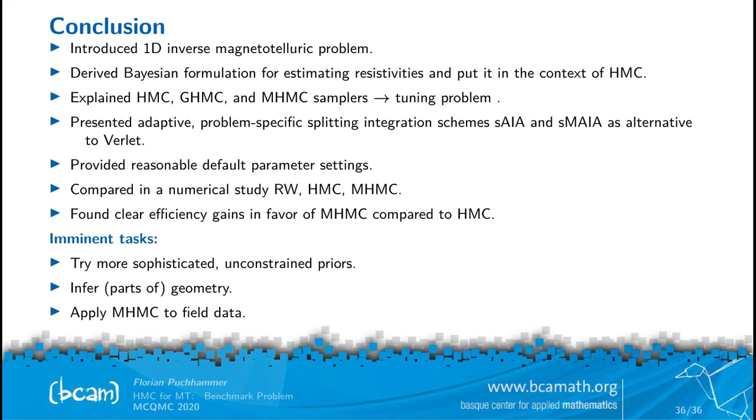Some imminent things we need to study are, first of all, to try more sophisticated priors, especially unconstrained ones, to keep the geometry in the set of unknowns. And thirdly, maybe we need to try our method in combination with field data.